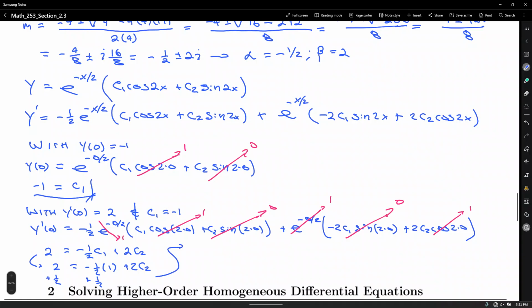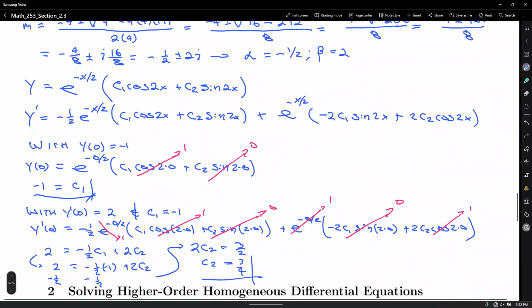And that's going to take us to 2c2. 2 plus a half, isn't that 5 halves? Yes, you're right, negative here, right? And so that means we need to subtract, right? Thank you. So this is equal to 3 halves, right? And then divide both sides by 2, c2 equals 3/4. All right?